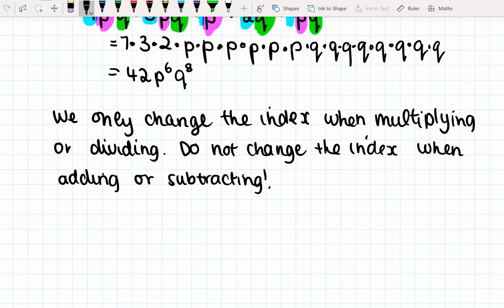Some people think if we have x squared plus x squared, what we get is x to the power of 4. But what we actually have here is 2 lots of x squared, so it's the same as 2x squared. That index does not change. If we have x plus x, we have 2x. We don't have 2x squared. So try and keep that in mind, because that's a mistake that we see quite often, and it's one that becomes a little bit difficult to forget about.